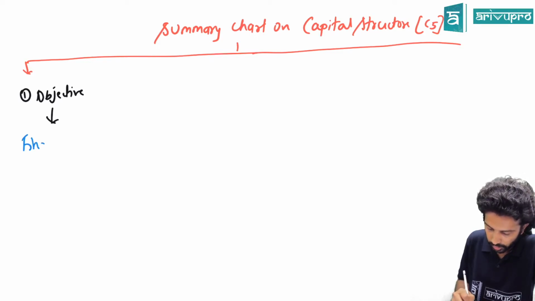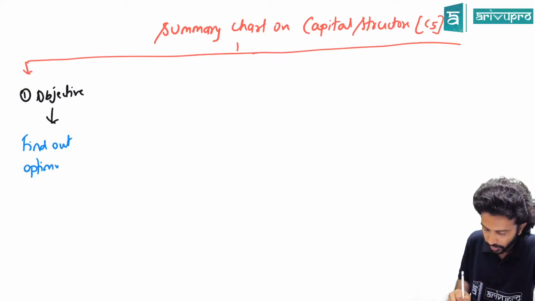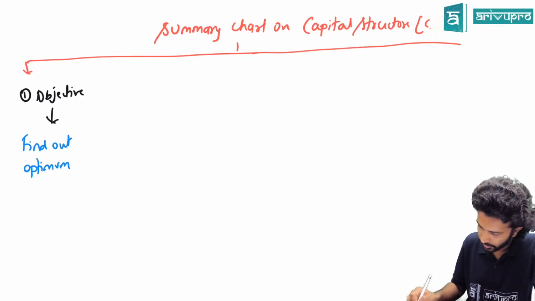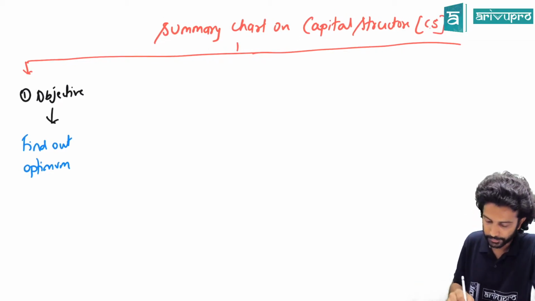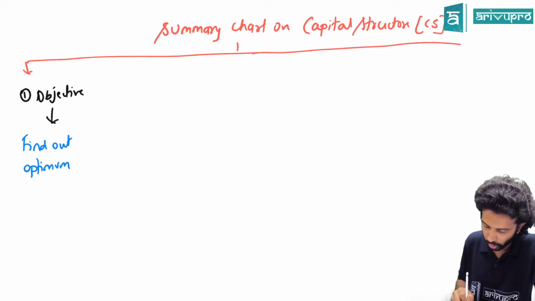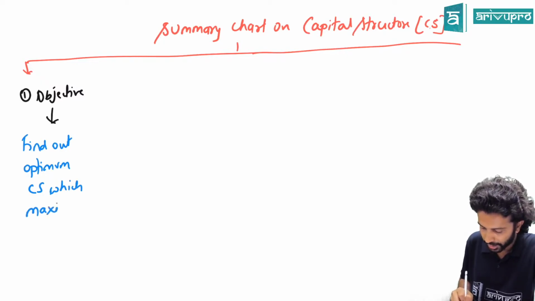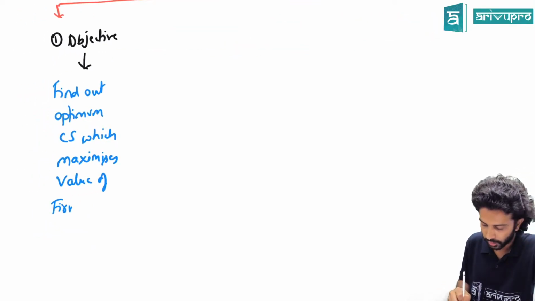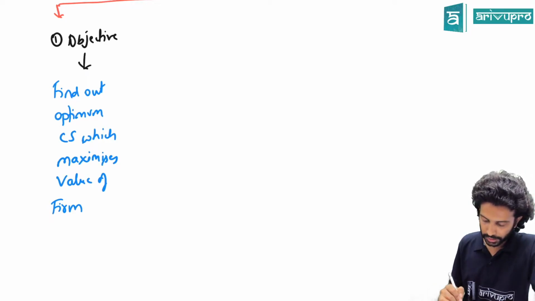Find out the optimum capital structure, we'll call it CS, which maximizes the value of the firm or wealth of the shareholders. So that is the primary objective.